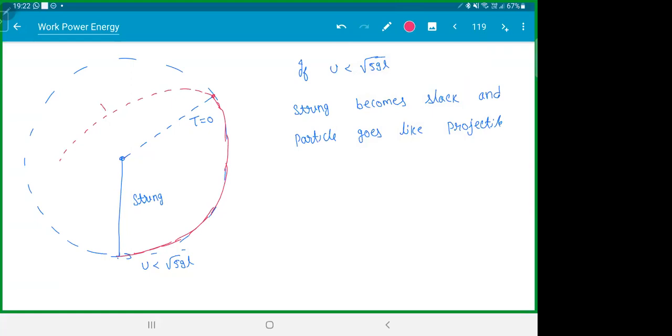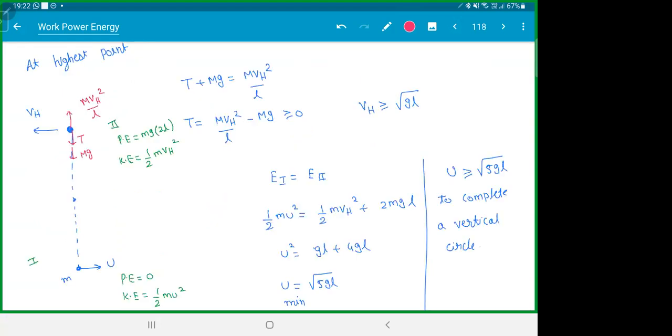This would be a parabola. Clear? So you have to give at least root 5gL. If you give more, that is fine. If you give anything less, you will fly off. Do check it out.